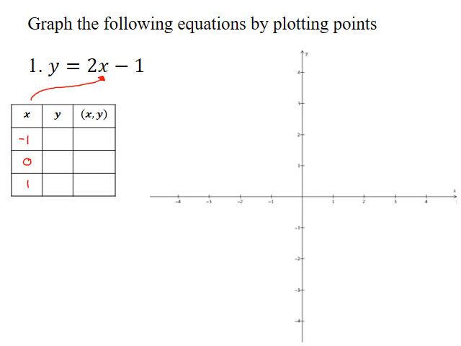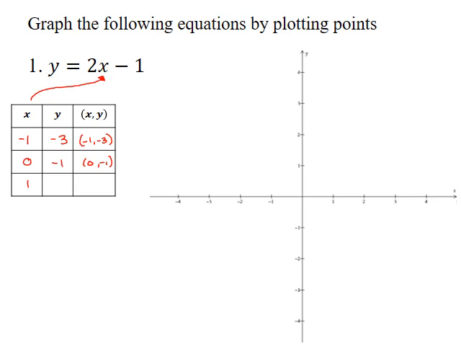But if I plug negative 1 in, 2 times negative 1 is negative 2, and negative 2 minus 1 is negative 3. So that creates the point negative 1, negative 3. If you plug 0 in for x, you will find that y equals negative 1. So that creates the point 0, negative 1.